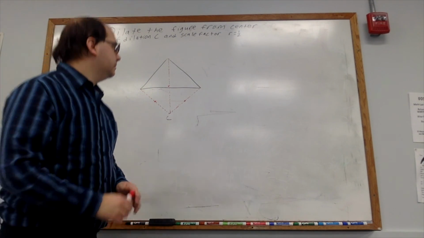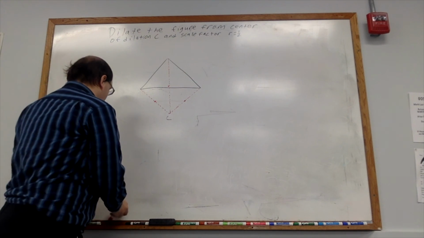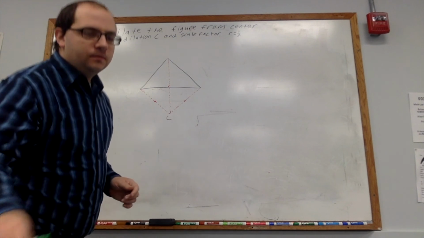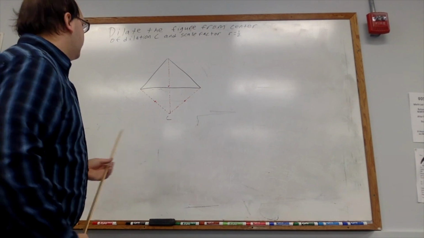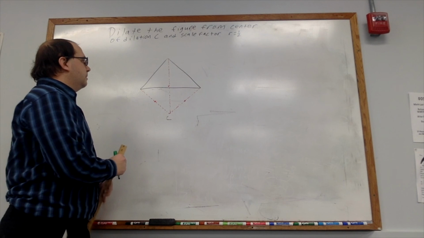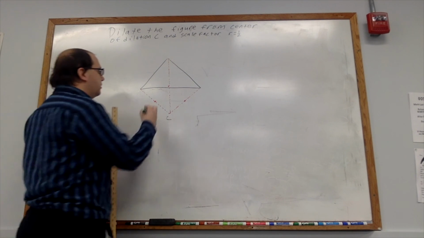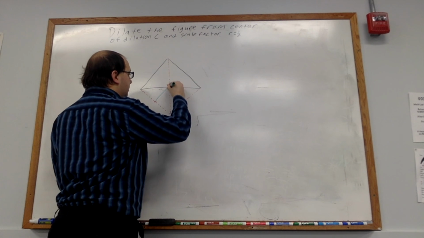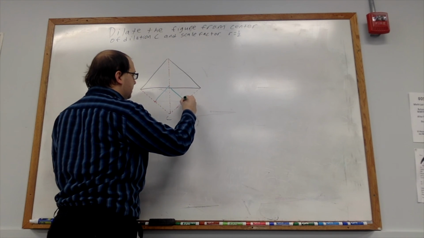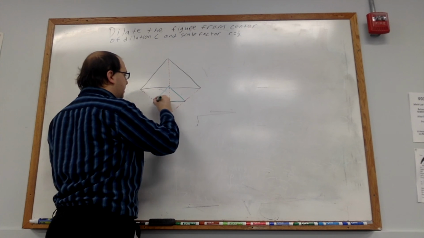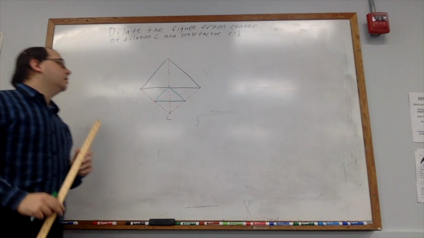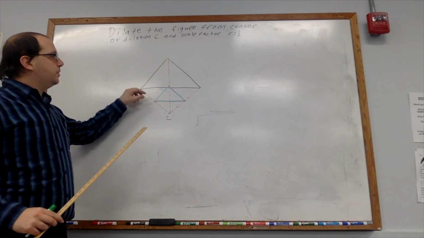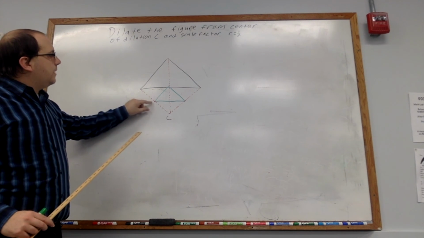Now we want to finish the shape, so we connect them. Probably best to use a ruler, but to save time I won't. But you do want to use the ruler when making your dotted lines and your measurements.